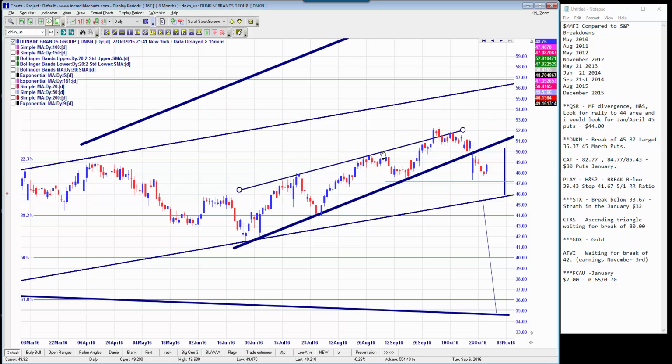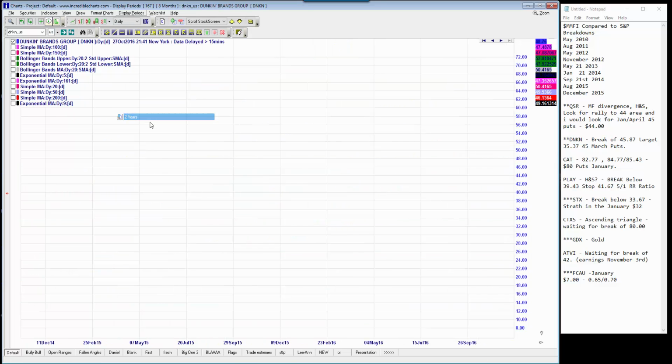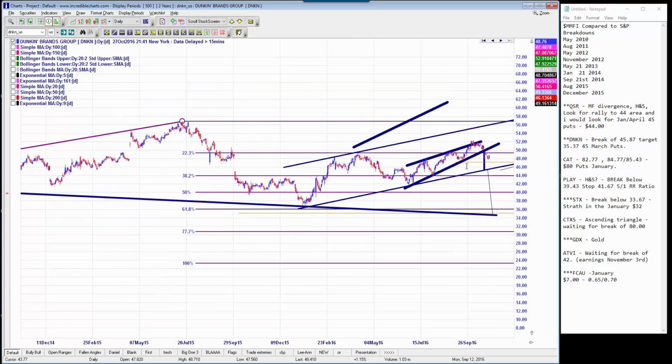Now, taking that away, we have the rising wedge that formed previously. So we have two short-term patterns, both being bearish. Now, if we look at the measurement, both these patterns are going to give us a similar target, where we measure from the top to the bottom, duplicate that beneath the breakout point, and that gives us a target down here of around 46. Now, when I started to see this line, I started to look for longer-term patterns, and this jumped out all of a sudden.